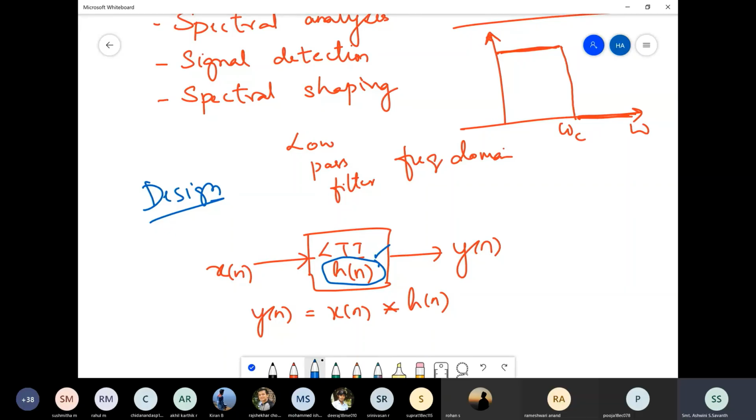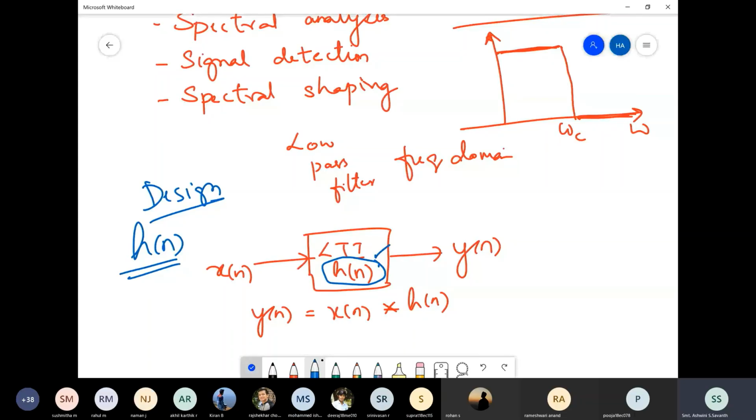But now we are interested in designing the impulse response h of n, based on the specifications that are given to you.